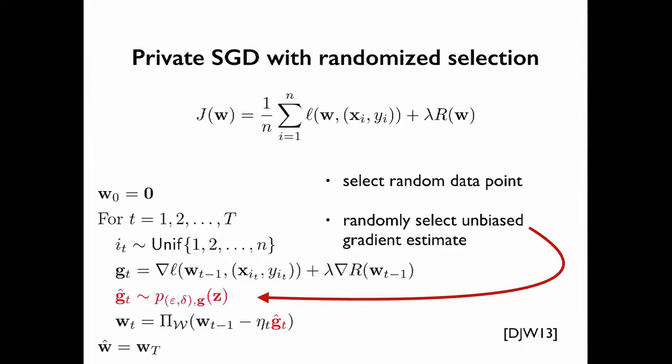Then, taking that as a center, I might choose a random direction in which to do a gradient step that's somehow biased towards my true gradient. It should be biased towards the true gradient that I calculated, but not be an unbiased estimate of it, right? So I want to have in expectation that the gradient step I take be the true gradient step.